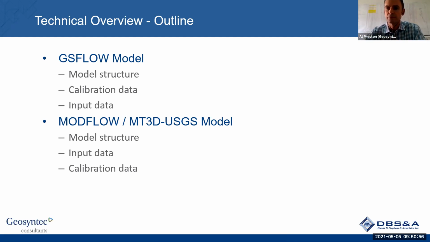So it really deals with volumes of water and how it moves throughout the watershed. And it will be used to answer a lot of the questions posed by the state. How do we best use this scarce resource? How do we come up with some reasonable flow objectives that balance the needs of people and habitat in the watershed? So that's the GSFLOW model.